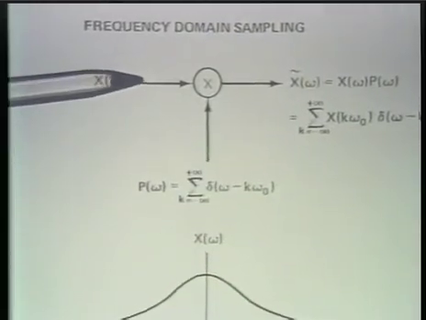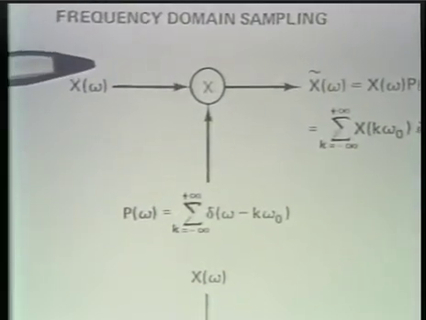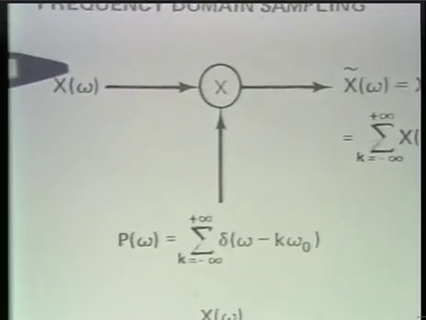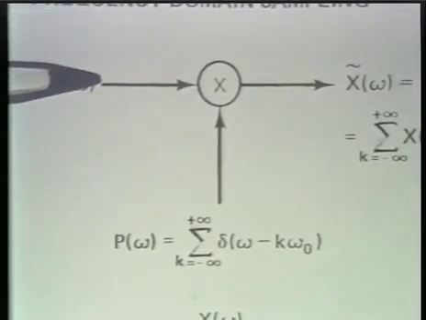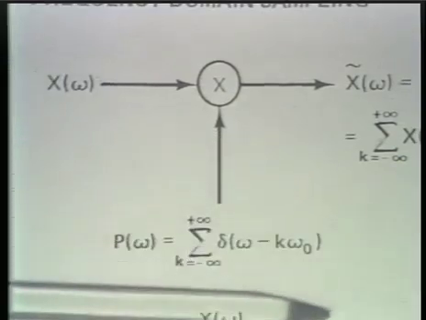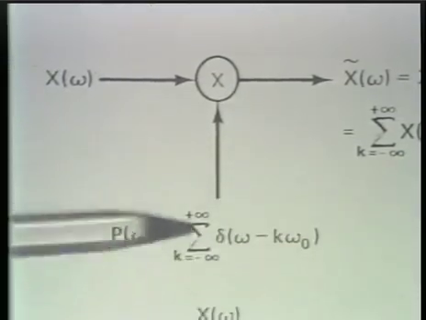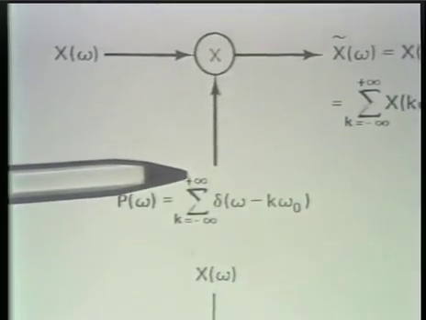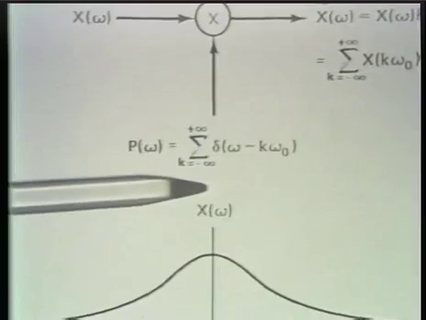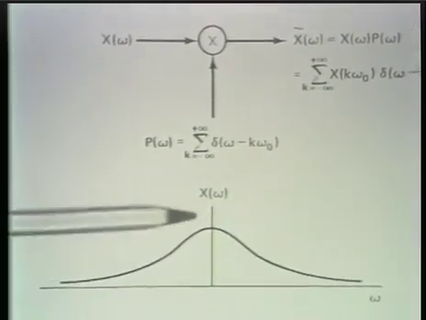And so we would multiply the Fourier transform of the signal whose spectrum is to be sampled by an impulse train in frequency. And so shown below is what might be a representative spectrum for the input signal.